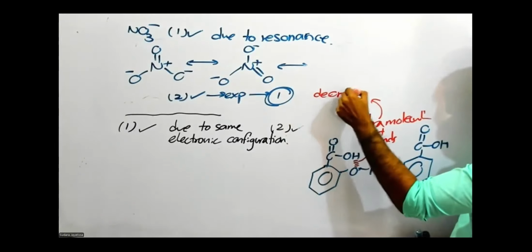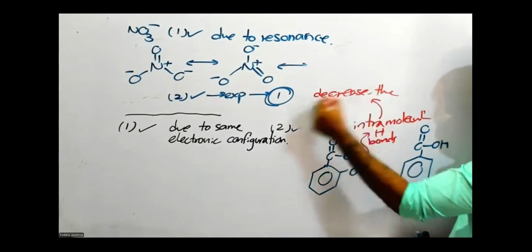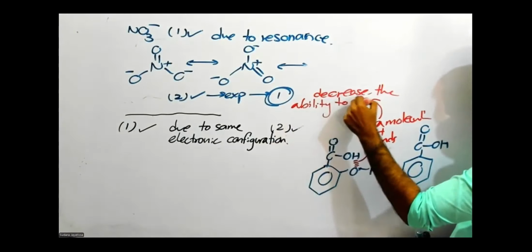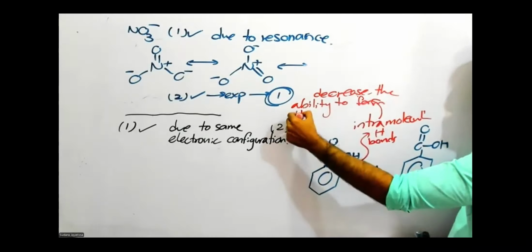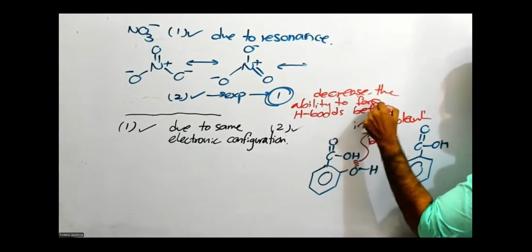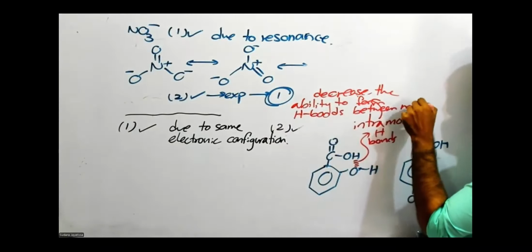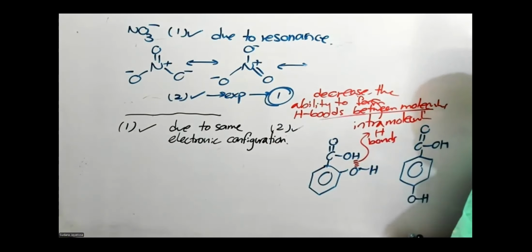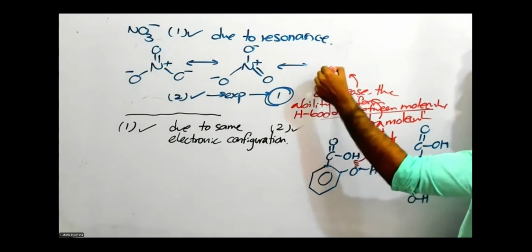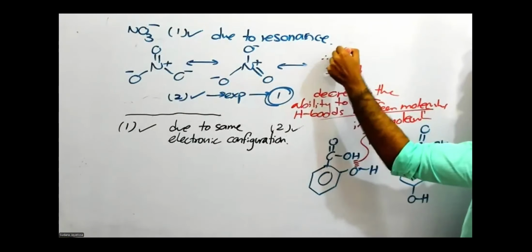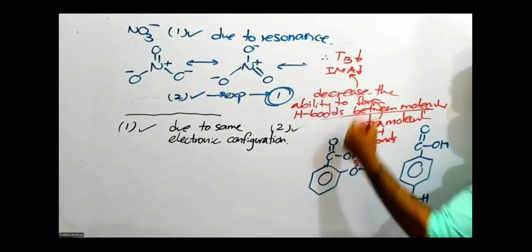This one decreases the ability to form H bonds between molecules. Understood? So therefore, intermolecular attractions will be lower. Therefore, boiling point will be lower.